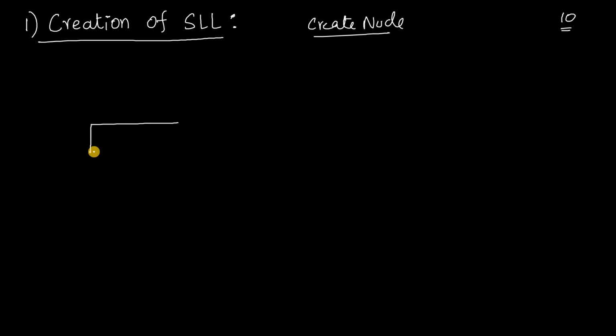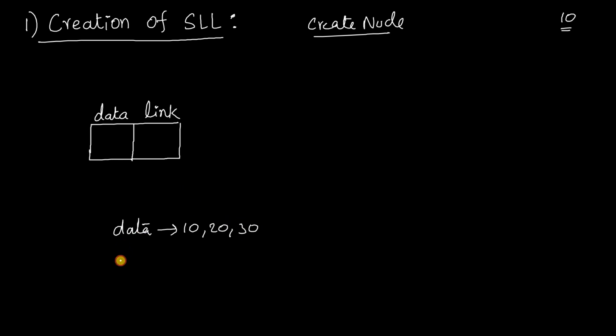So this is how a node will look like in a singly linked list. It is having two fields. First one is data field and second one is link field. The data field will have the data like 10, 20, 30, and the link field will have the address.